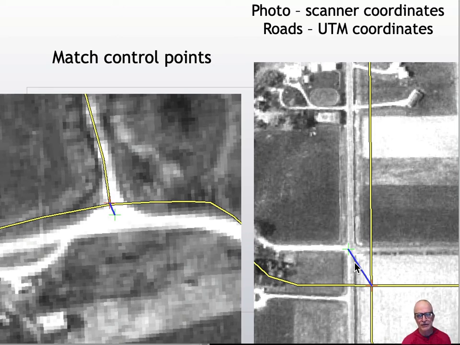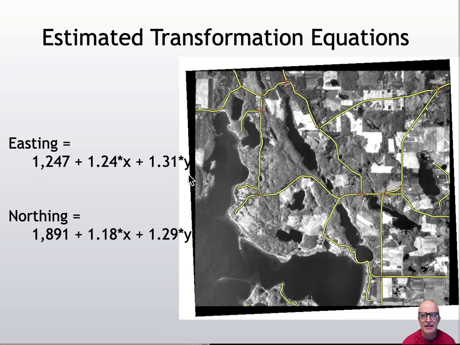You match a third, it'll fit a little better. Some you just submit the lists of coordinates and then it fits the whole thing. And so you can estimate equations. In this case, here's the equation estimates, and then apply it. You can see now the image more or less fits the roads. If we were to zoom in, we'll find some errors, but it's pretty good.